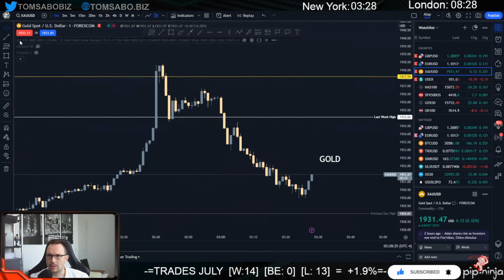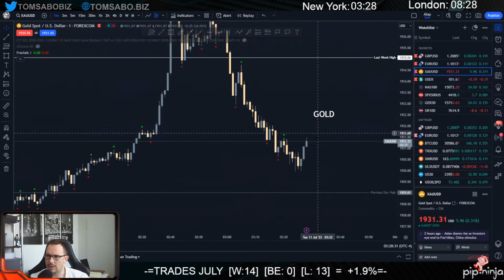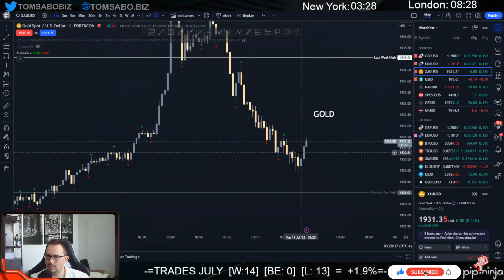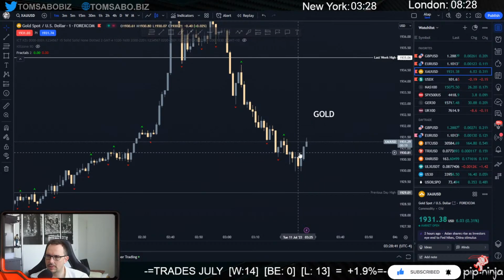Now this one could be interesting. This is a fractal high, which gold is now starting to break. Almost this one too, technically.